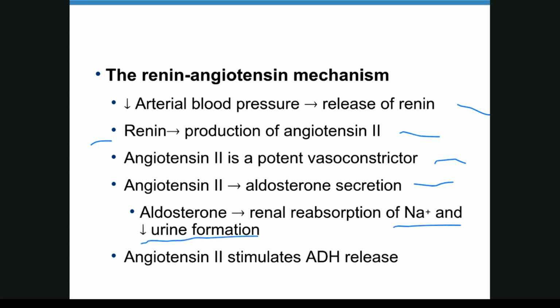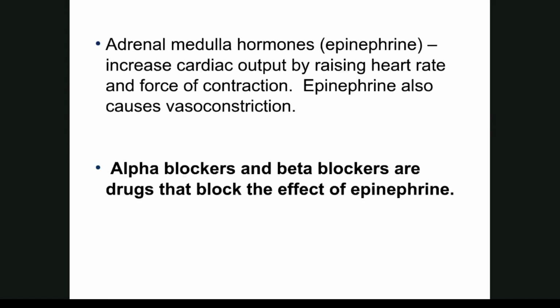So you're increasing the fluid, and you have this vasoconstriction. It also stimulates the release of antidiuretic hormone. So you have a second reason why you don't urinate as much. With antidiuretic hormone, you don't diurese, so you can retain fluids.